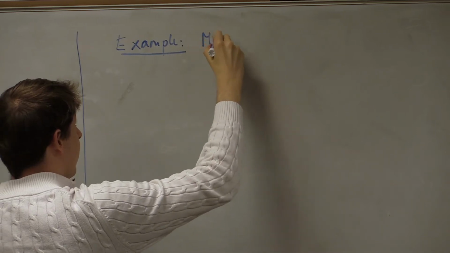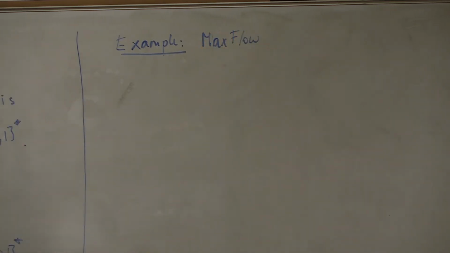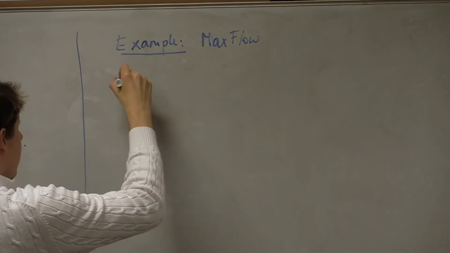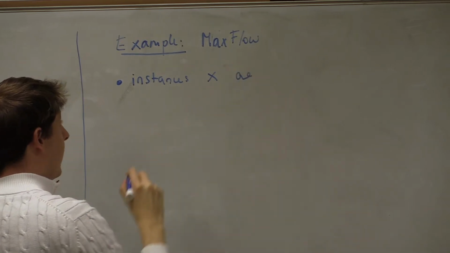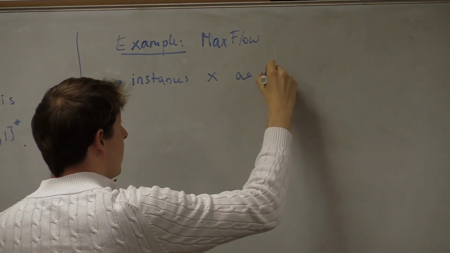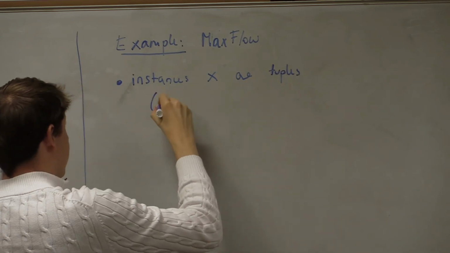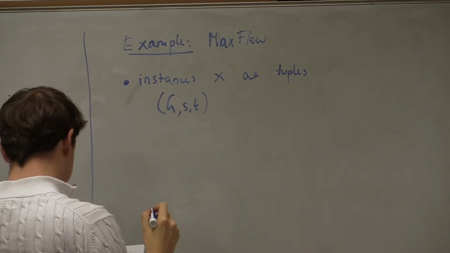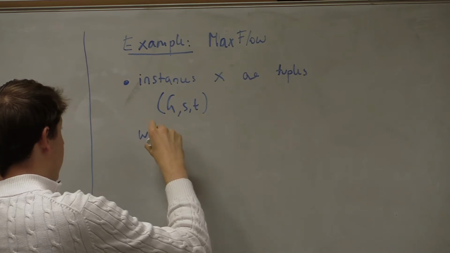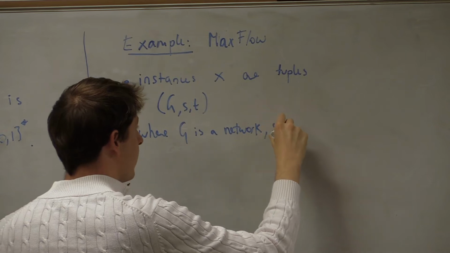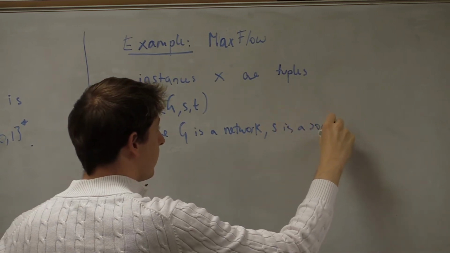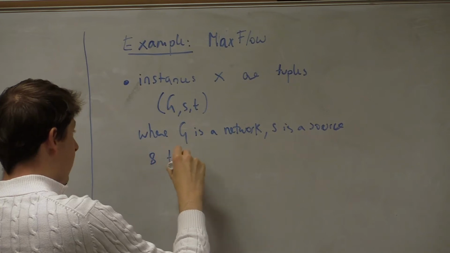So let's use it further to illustrate how max flow can be modeled as a particular kind of relation. Instances x are tuples that look like G, S, T, where G is a network, S is a source, and T is a sink.